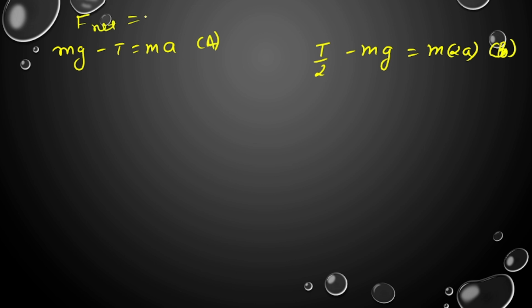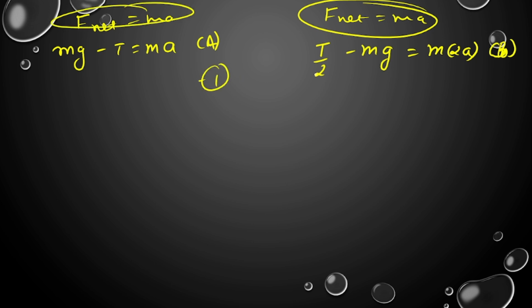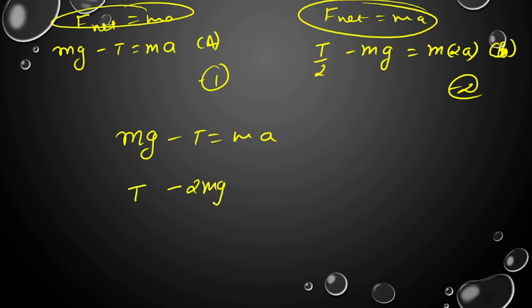Okay, so for equation 1 and equation 2, writing equation 1, mg minus T equals ma, and equation 2 multiplied by 2, we will have T minus 2mg equals 4ma. Adding both equations, T and T are gone, so minus mg equals 5ma.